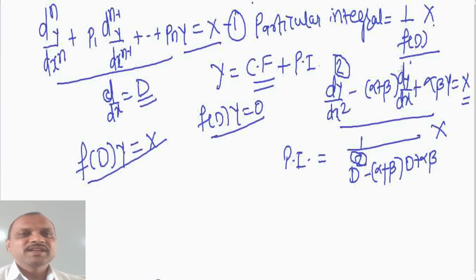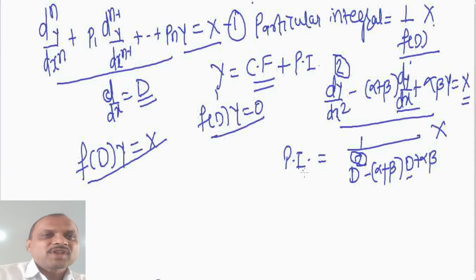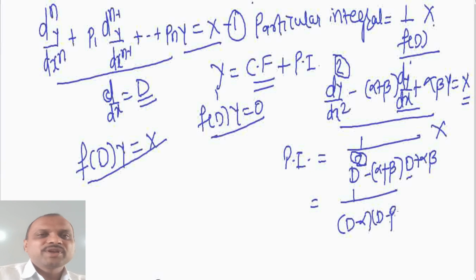Here there is only dy by dx, so I have just written D for this dy by dx. Likewise I have written 1 divided by D square minus (alpha plus beta) into D plus alpha into beta, operating on x. Then you can see that this is nothing but 1 divided by (D minus alpha) into (D minus beta) operating on x.